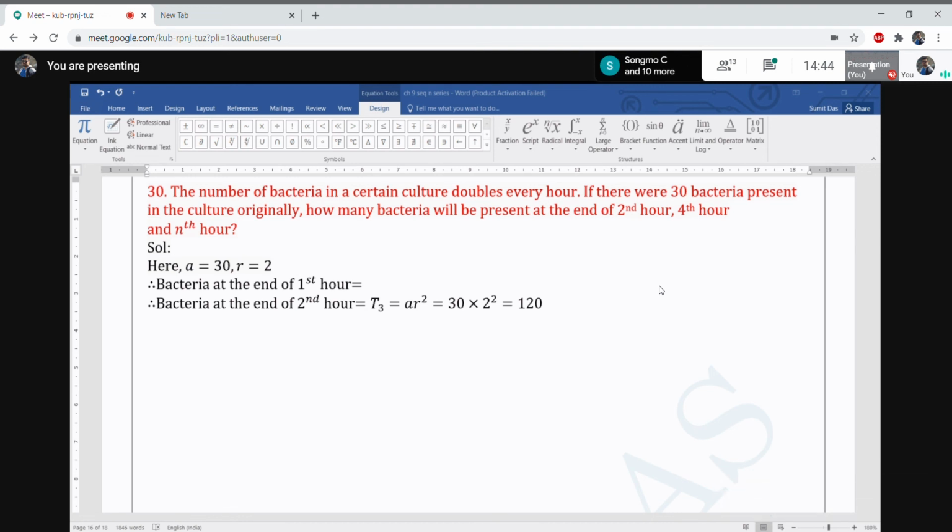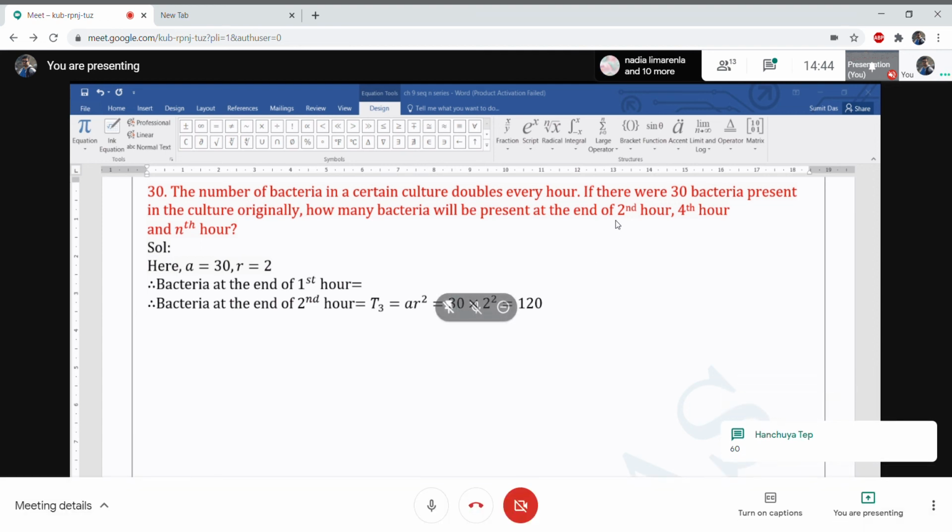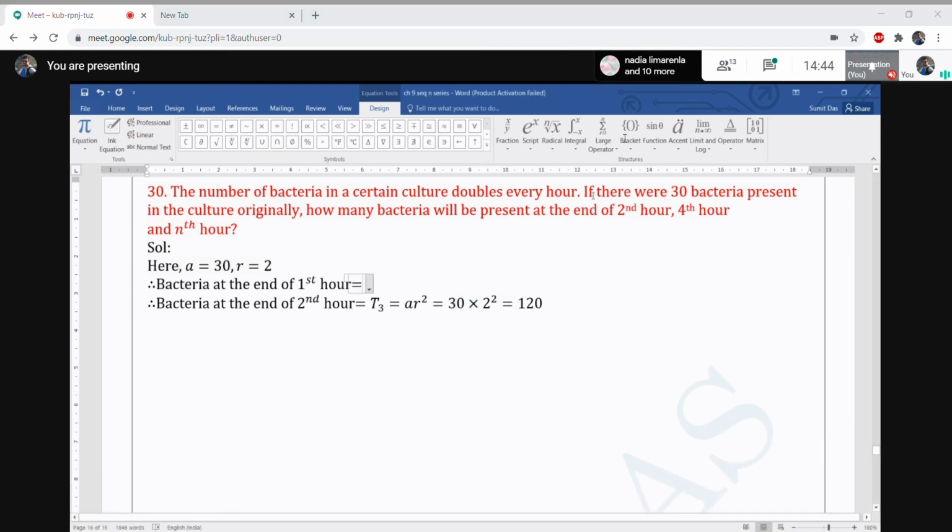Read the question again, Nadia. A silly mistake. It is not 30, it should be 60. Because it says 30 bacteria were present in the culture originally, that means when the time had not started. And it is doubling every hour.